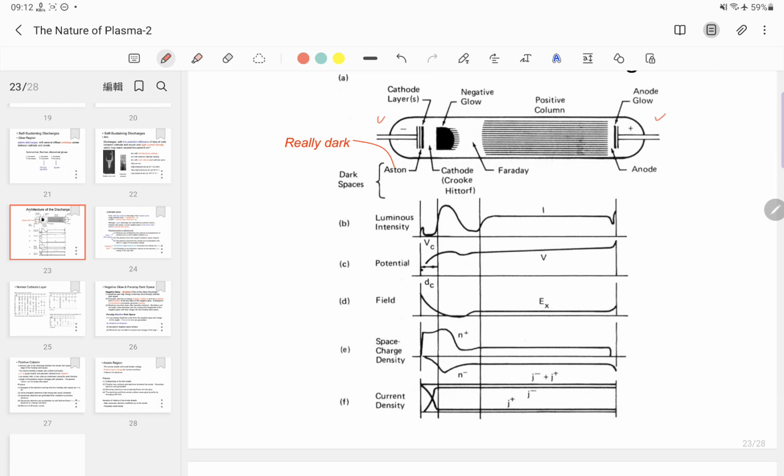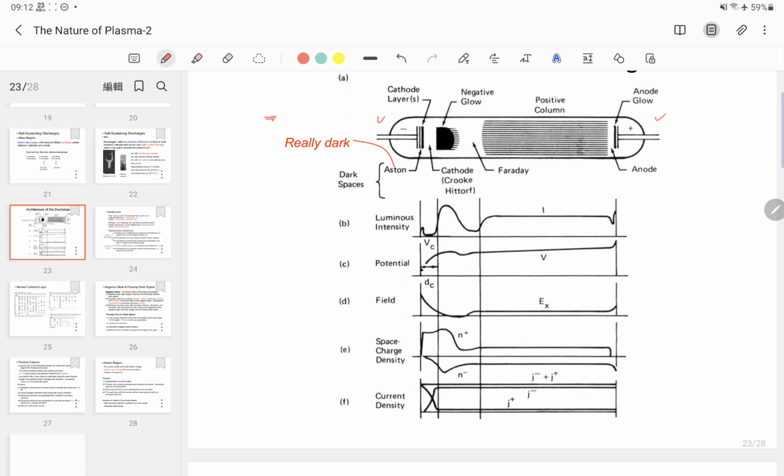And if you apply the high DC bias voltage across the system, from the cathode to the anode, near the cathode side, the potential is negative.